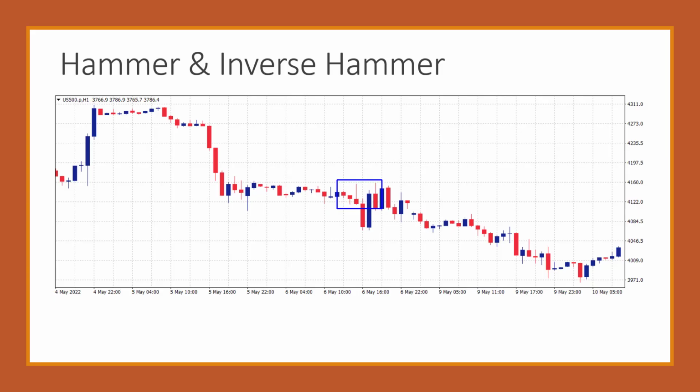So volume data for indices is also very difficult to come by. But for certain indices like the S&P 500, the most popular ETF to trade the S&P 500 is the one with the ticker SPY. It's the one that's the most traded for the S&P 500.